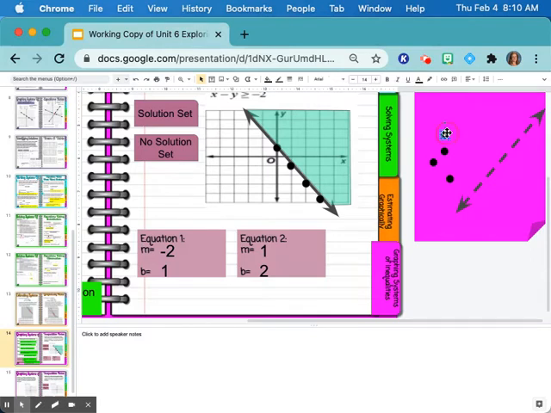So plot a point at +2. And then your slope is up 2/1. And then down to left 1. Down to left 1. And we need a line, so I'm going to copy and paste that line and redo it.